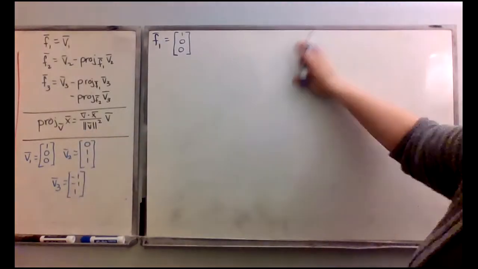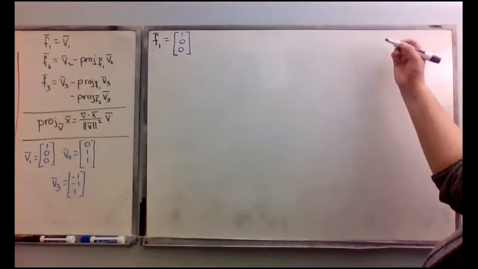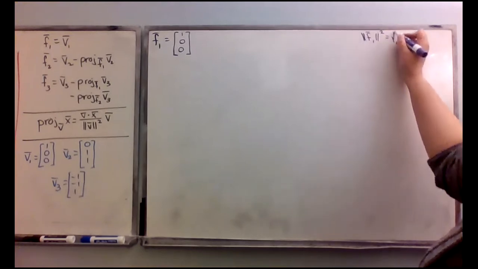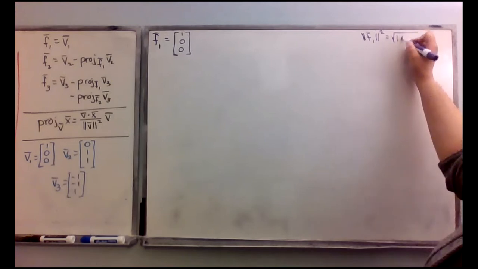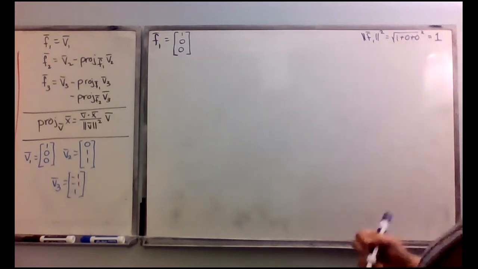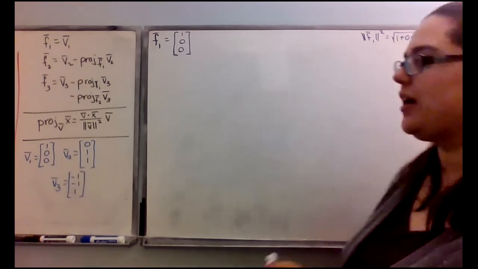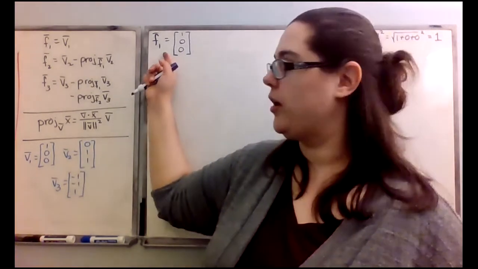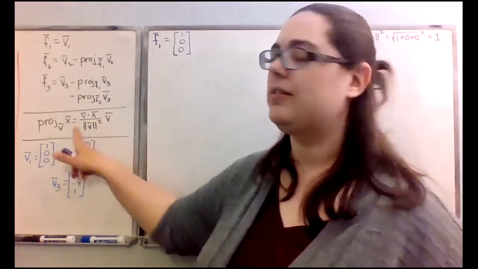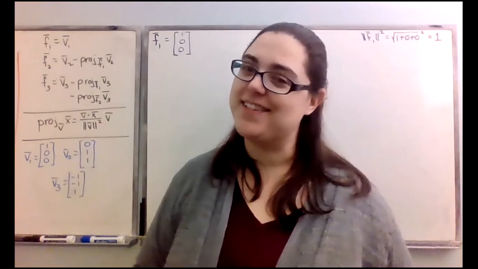So over here, maybe on my scrap paper, I'm going to write down the norm of F1 squared. That's going to be the square root of 1 plus 0 plus 0 squared, which is 1. So what this means is anytime that I have F1 that I'm projecting onto, I know that the denominator is 1. So that's actually really nice in this case.